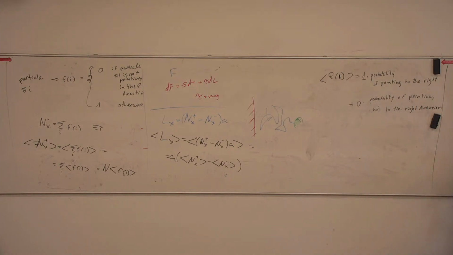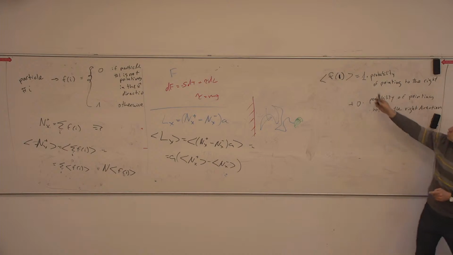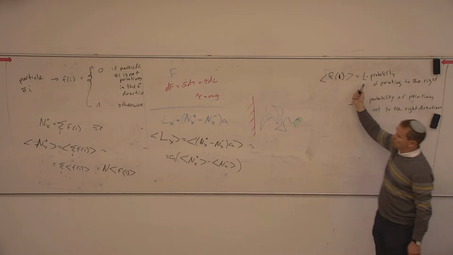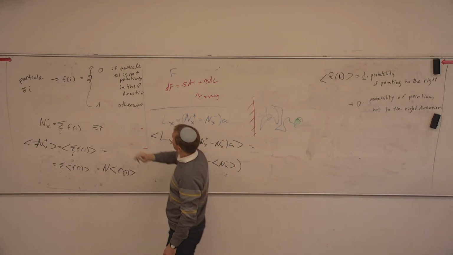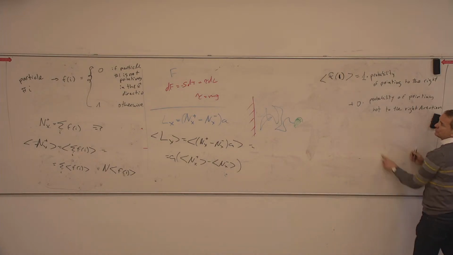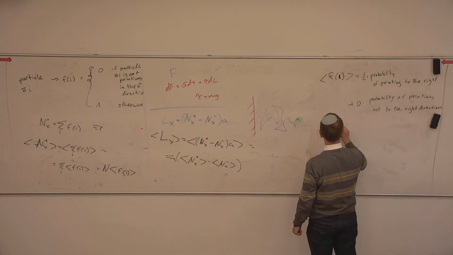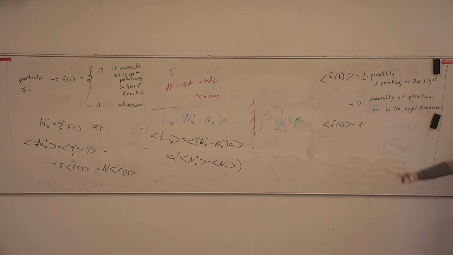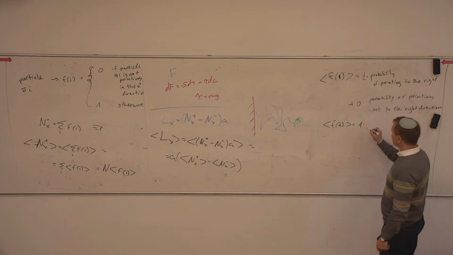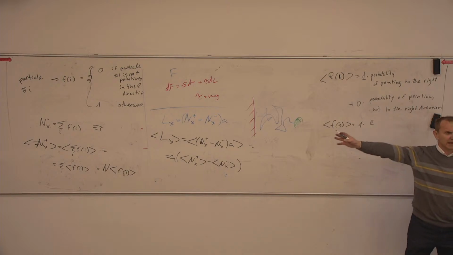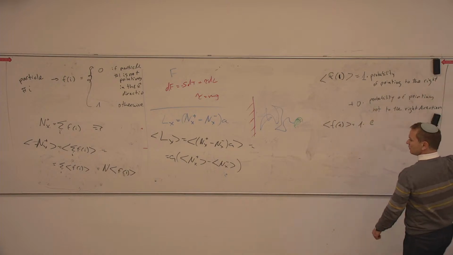I just have two options. It's like a Bernoulli trial. It's either 1 or 0. The average is the actual value: 1 multiplied by the probability, because it's 1 when I find it pointing to the right, and 0 when it's not pointing to the right. So what is the probability of pointing to the right? The probability is e to the minus beta times the energy of this state. What is the energy of pointing to the right? Minus mga.